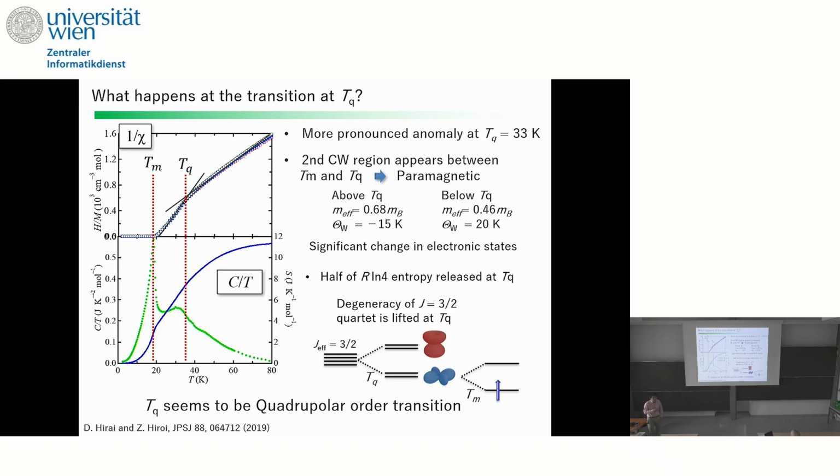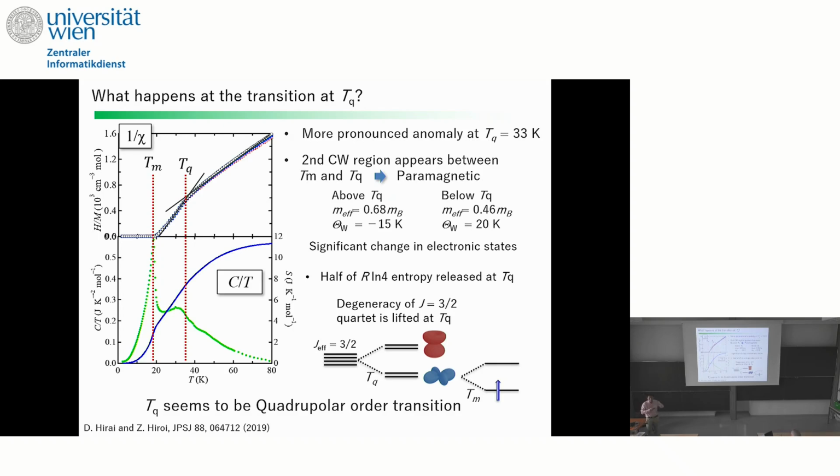And let me show the macroscopic physical properties around TQ. I magnify the inverse susceptibility around TQ. We clearly see a kink in the inverse magnetic susceptibility at this transition. So that means we have some electronic transition. But still, this follows the Curie-Weiss law.